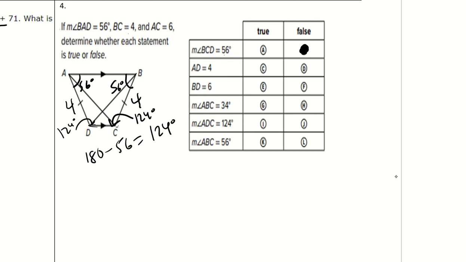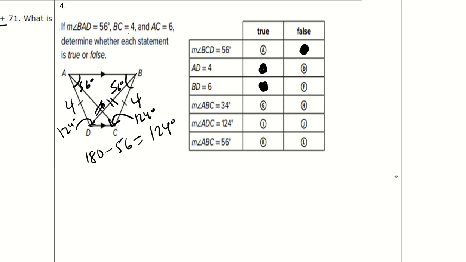AC is 6. So this whole thing is 6. Well, if that's 6, then that means that BD is also 6. So these two are congruent. All right, so BD is also 6. That's true. And if BC is 4, then AD is 4 because it's isosceles.